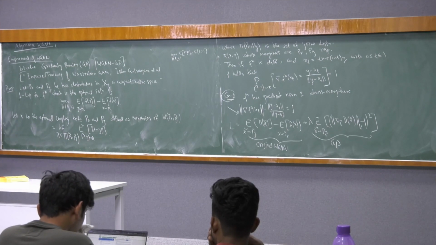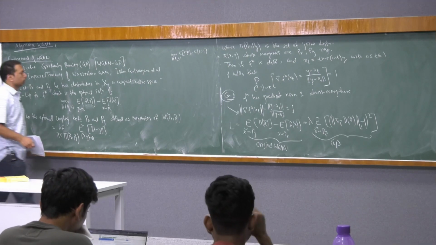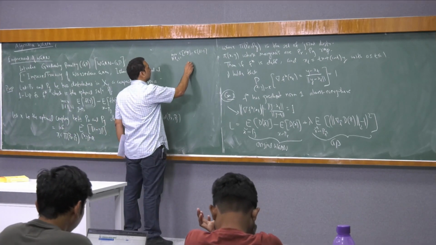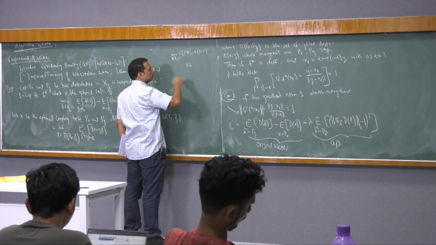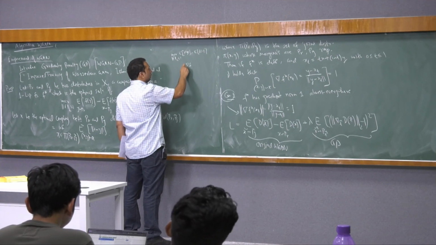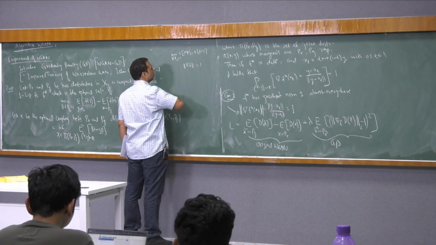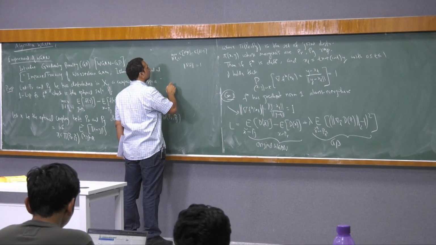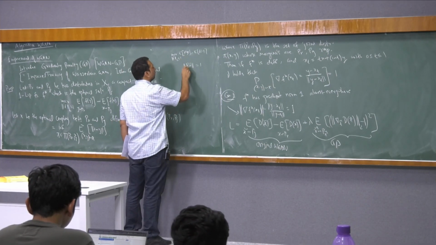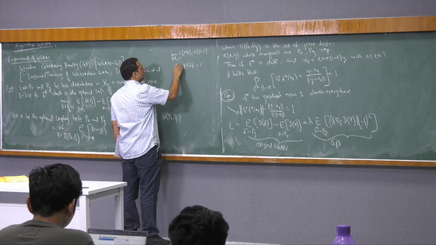So whatever f I'm looking for, why not also demand further that the gradient of f has norm 1, because I know from this proposition that the optimal has to have gradient 1. Hence the original WGAN becomes like this.